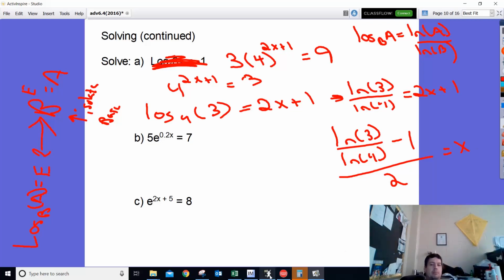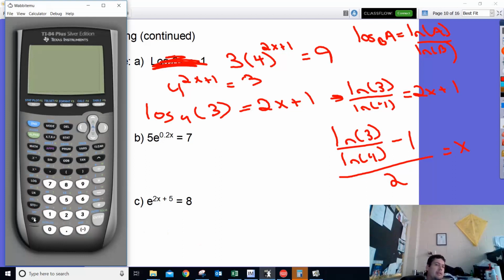So now I'm in that old button pushing mode here. Don't try to do all this at once, because if you do, you'll probably screw it up. We've got natural log of 3 sitting over the natural log of 4. We're going to take 1 away from that. And if I type in what I've got here and press divide by 2, will I get the right answer?